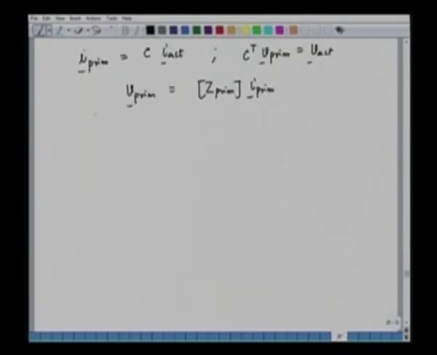And here if you pre-multiply this with C transpose, C transpose V primitive is equal to C transpose Z primitive. We can replace I primitive by C into I actual.